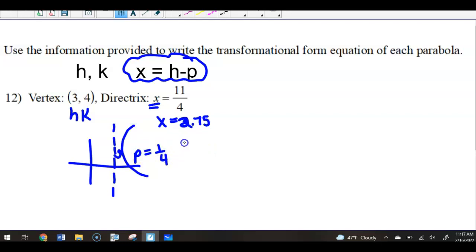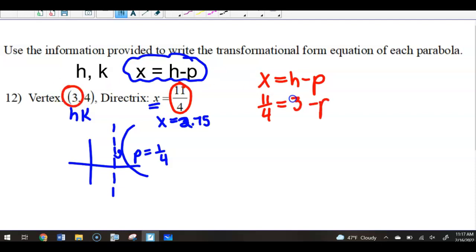Okay, but algebraically, if you knew x equals h minus p, and you knew x was 11/4, and you knew h was 3, you could subtract. You're trying to get the p by itself. So you subtract 3.